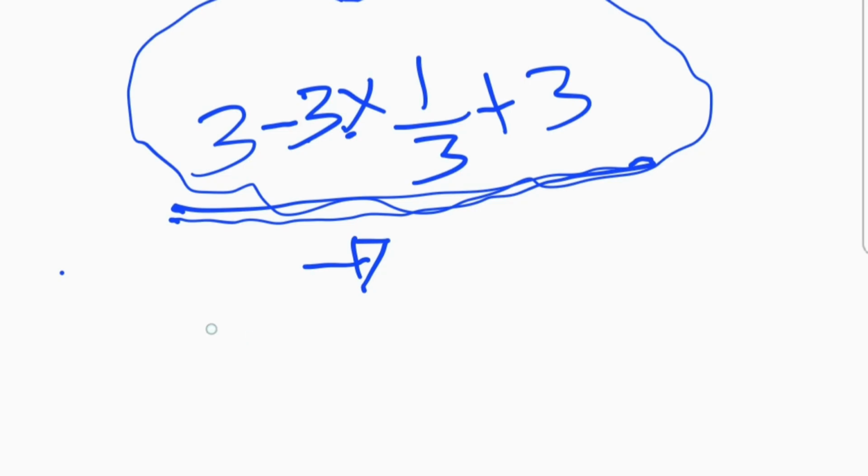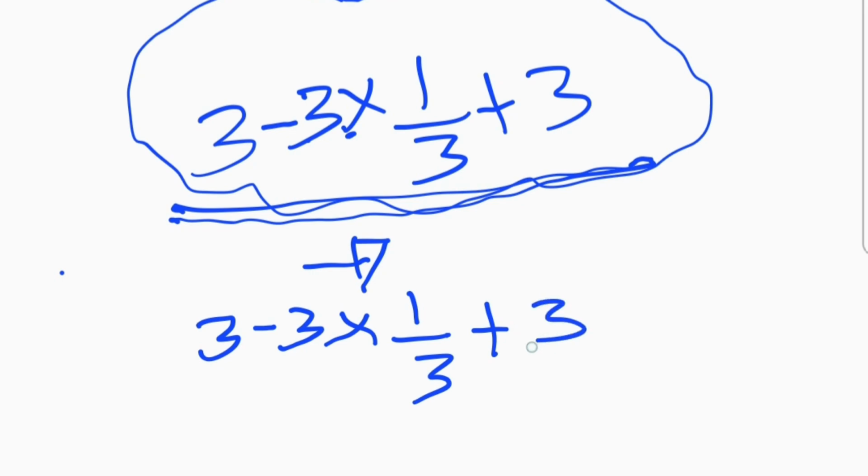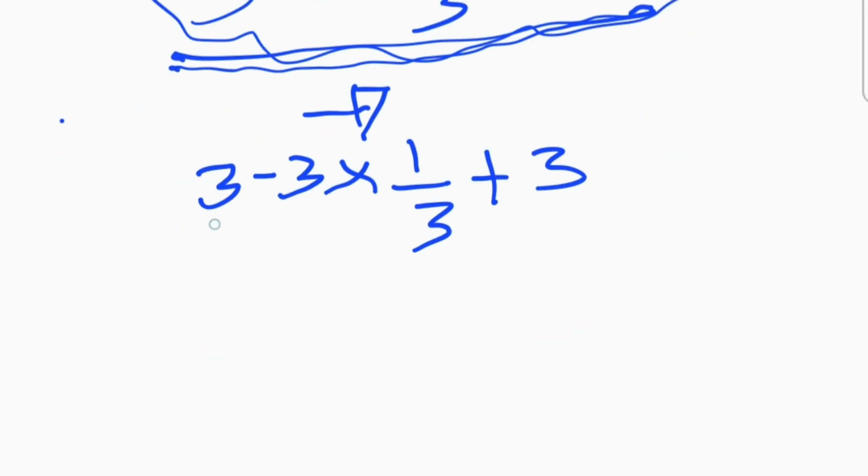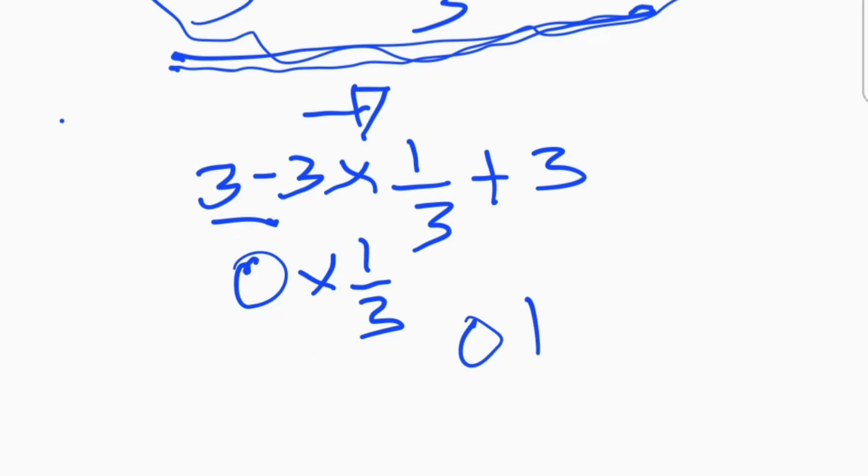So here we have 3 minus 3 times 1 over 3 plus 3. Most people just subtract first, they get 0, then multiply that by 1 over 3, which is simply 0, since any number multiplied by 0 is 0, and then they add 3 and get 3.